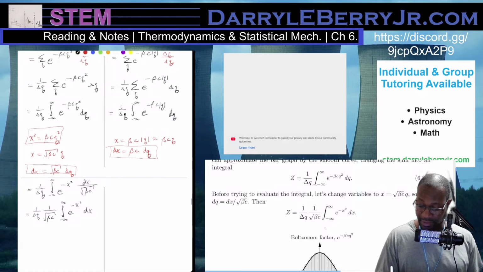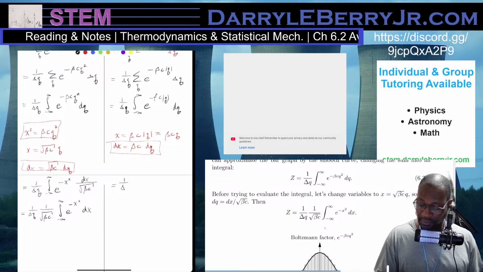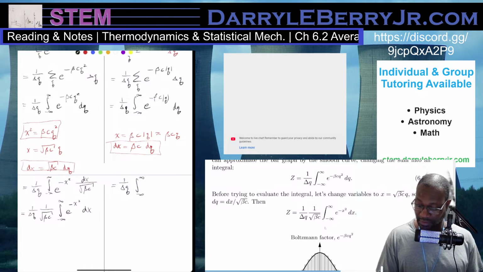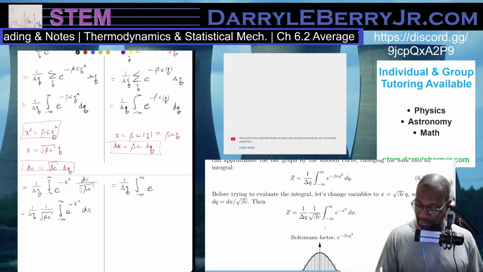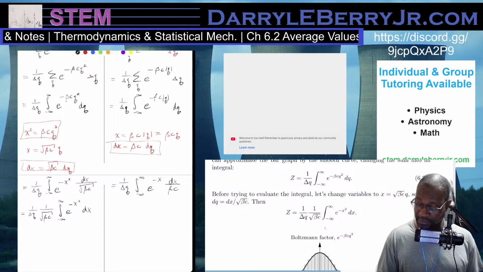So on this side, we have z equals 1 over square root of q, integral negative infinity to infinity, e to the negative x, and dq is dx over bc.